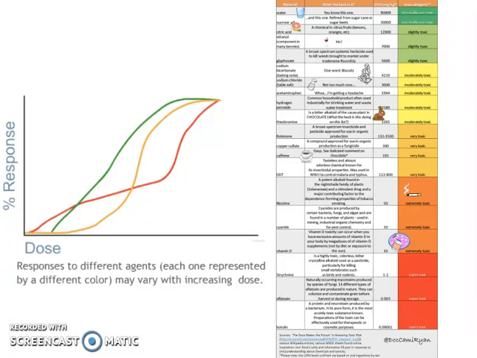We're going to talk about botulism in this lecture toward the end. That is a poison or a toxin, and that creates the most potent neurotoxin known to man. It has an LD50 of 0.001 milligrams per kilogram.